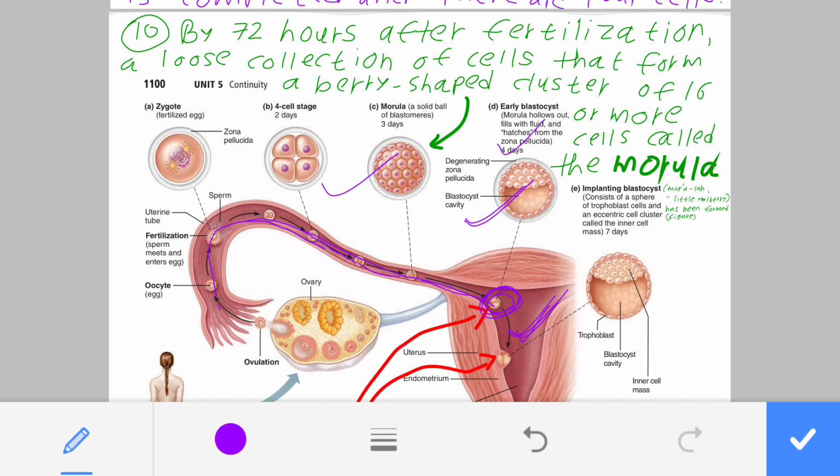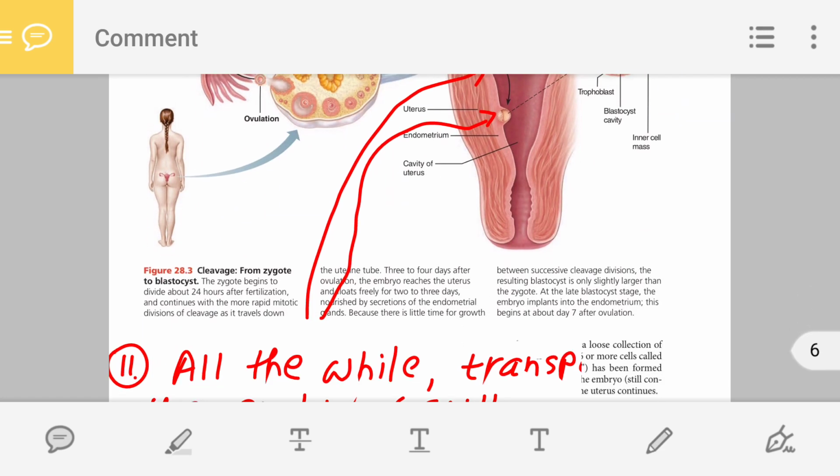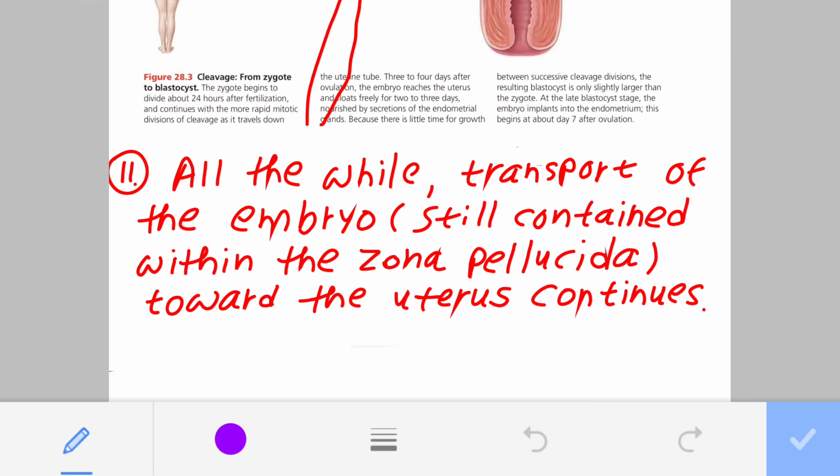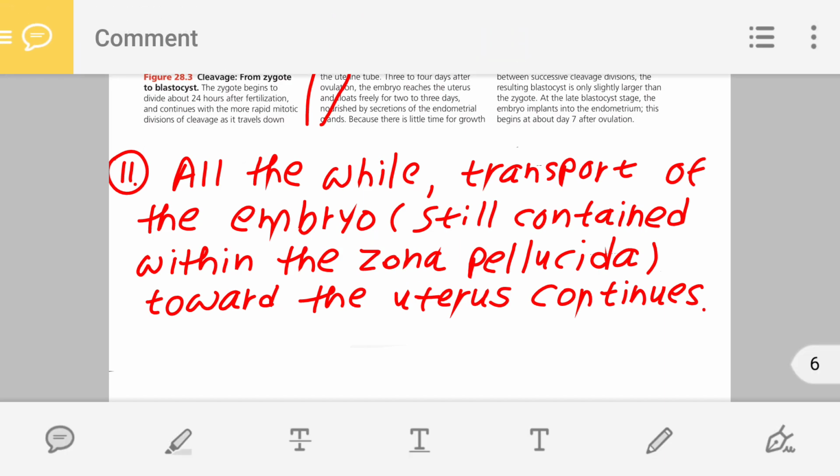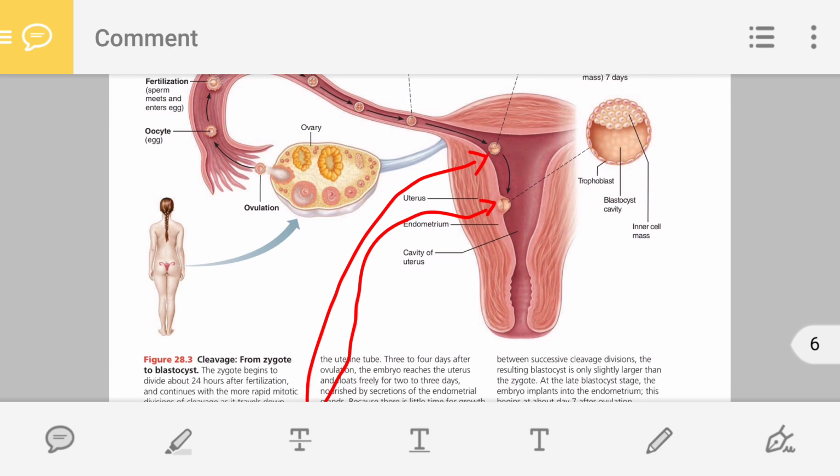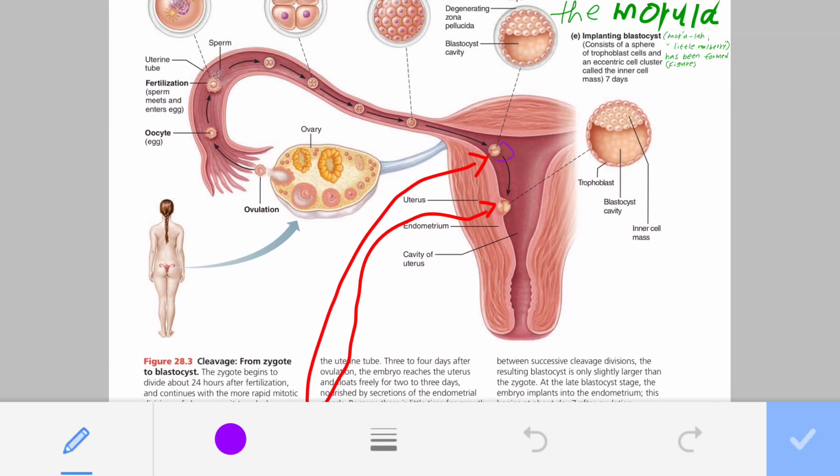During this entire journey, whether they are 2 cell, 4 cell, or 8 cell, they are enveloped by the zona pellucida, and the embryo finally reaches the uterine cavity, and for a day or two, the early embryo, the blastocyst, swims in the uterine cavity.